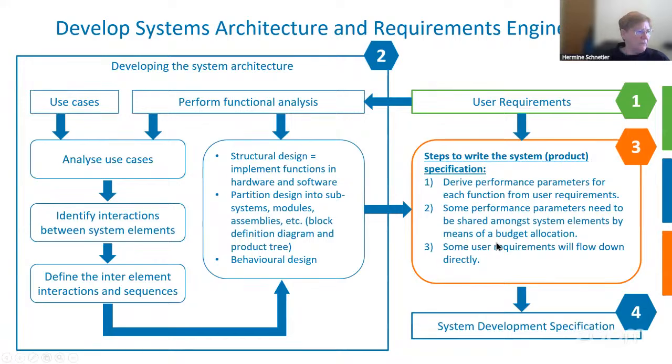If you look at this stepwise process, I think if you follow this, really implementing the functions in hardware and software, and using your use cases to basically drive the behavioral design, and you really think about when you start partitioning things, then your system should not be complex.